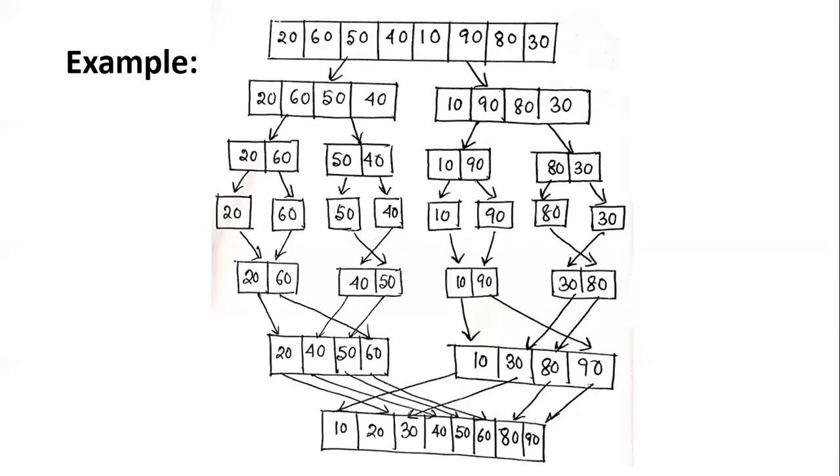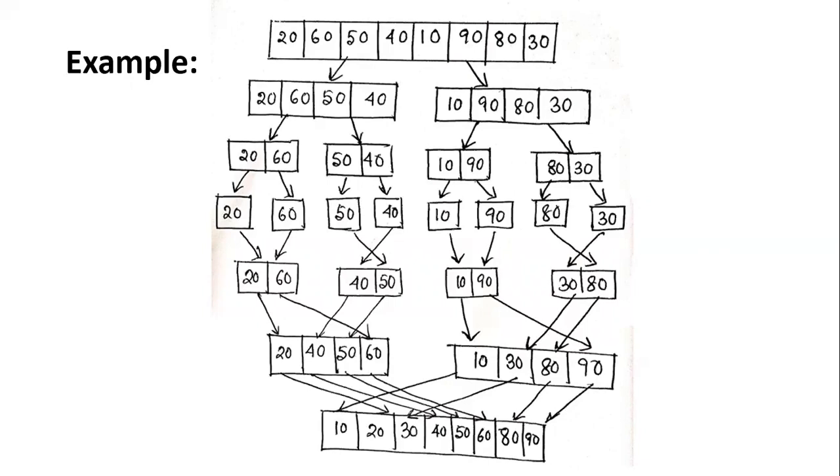Whenever there is a single element in one array, that means it is sorted, as there is no other number with which this particular number can be compared. So this array is sorted. Why? This array cannot be compared with other numbers.